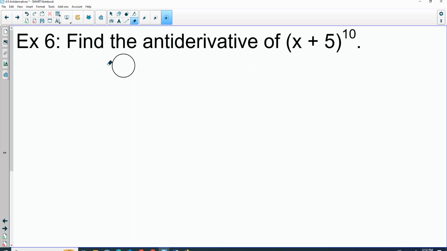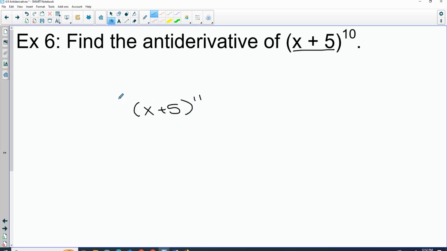Now this one, since it's written as a chain rule type problem, not a product, we can think through it. If you were doing the derivative of this, what would you do? That exponent would come down, subtract 1 from the power, right? So let's undo that piece. So we add 1 to the power.